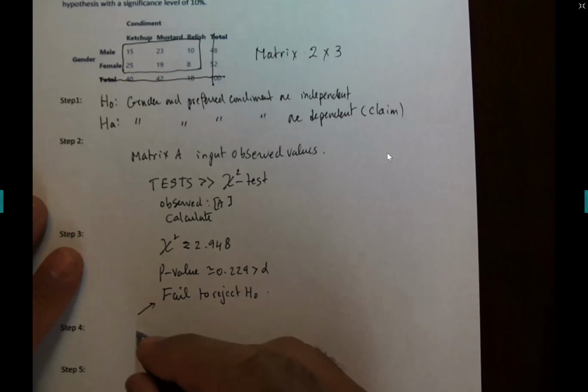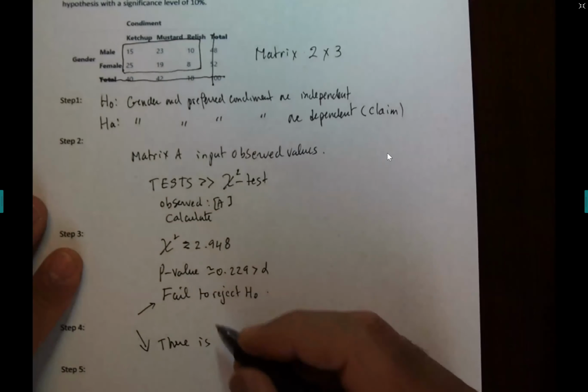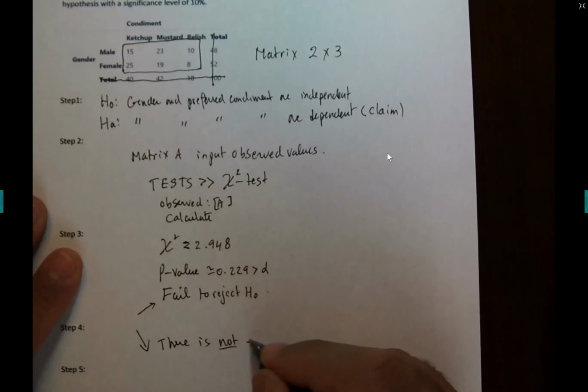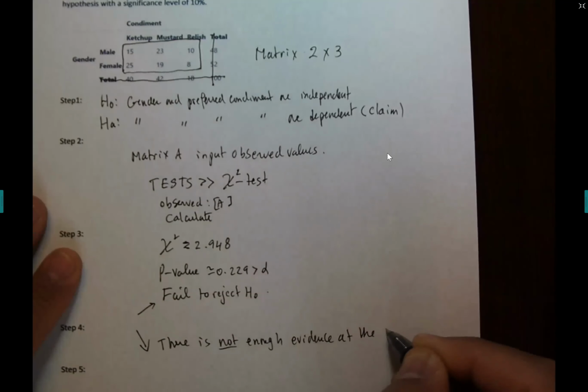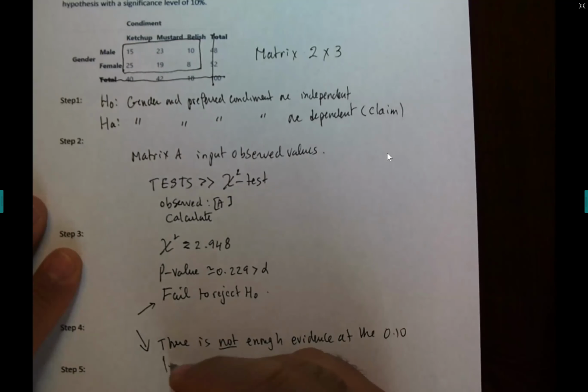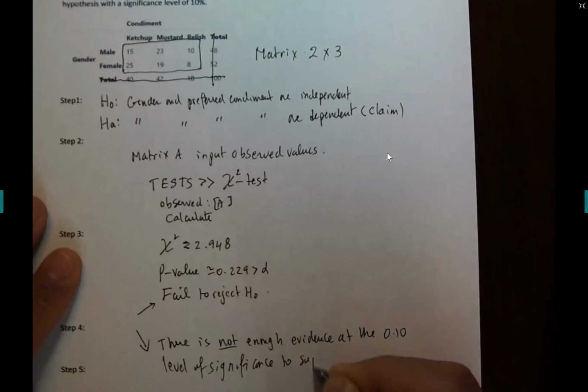If you still remember my yellow sheet, guys, we say there is not enough evidence to support the claim. At the 0.10 level of significance, there is not enough evidence to support the food services manager's claim.